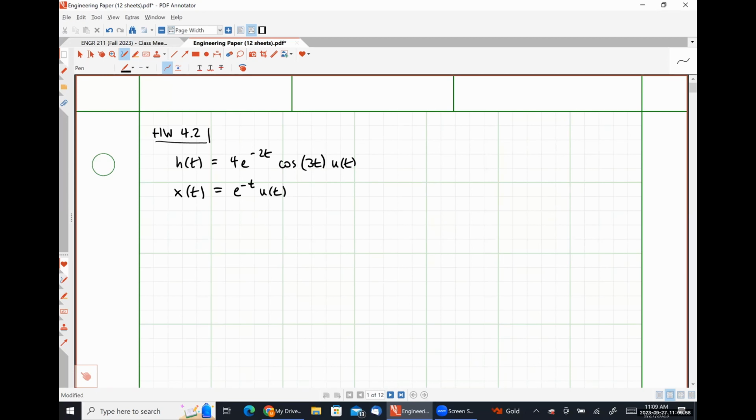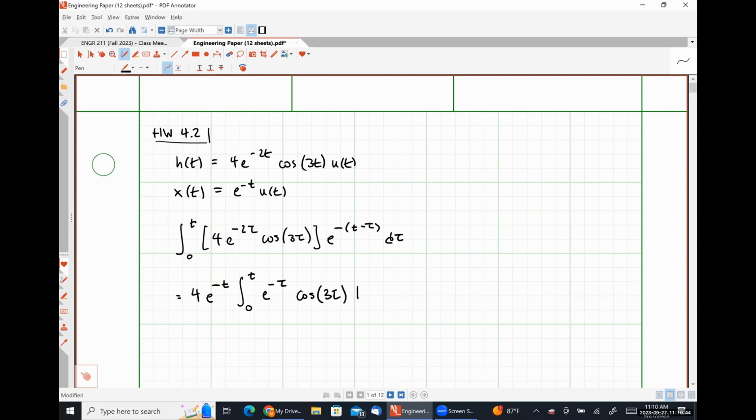So I would expect you guys to do the integral from 0 to t of 4e to the negative 2 tau cosine 3 tau multiplied by e to the negative t minus tau d tau, which you can then simplify to 4e to the negative t integral from 0 to t of e to the negative tau cosine 3 tau d tau.